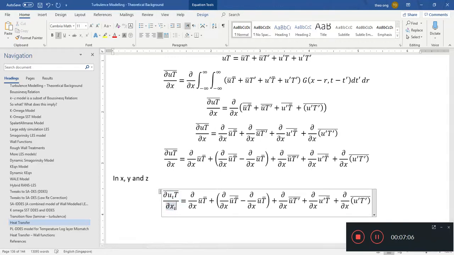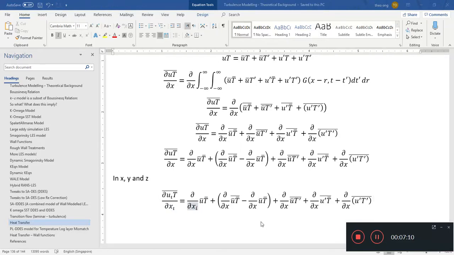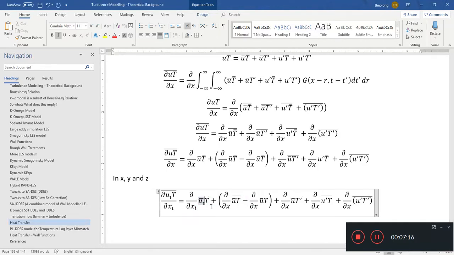So I can just write the following. I'll use ui here to represent the x, y, or z direction. Likewise, x I'll replace with xi.